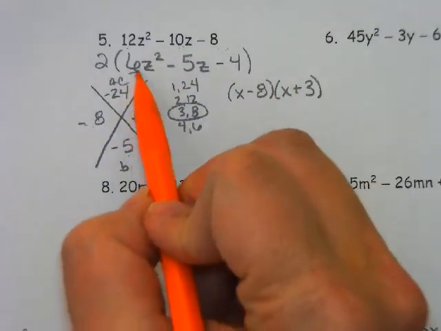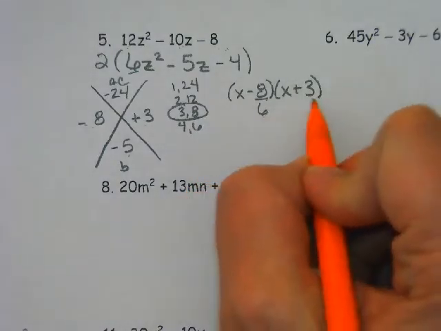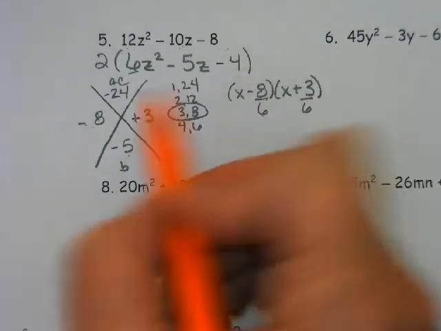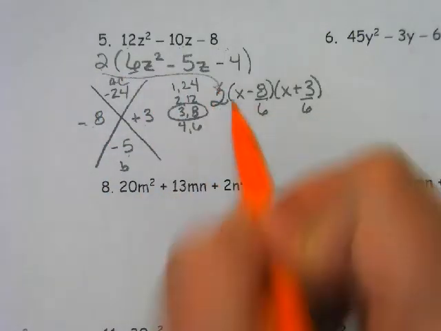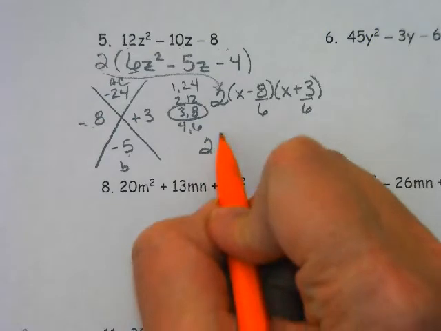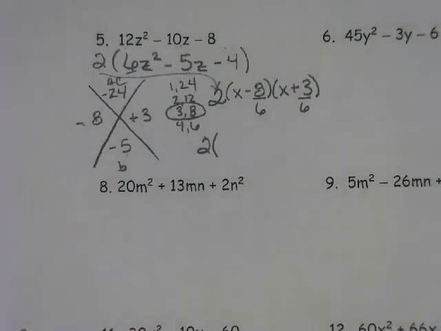But again, my A is 6, so I have to divide by the 6. Now, be careful here. This GCF doesn't go away, right? It's still going to be in front. So we have 2 parentheses. Now, you can use your calculator or you can use your brain. 8 over 6 does not simplify to a whole number, but there is a number that goes into both.